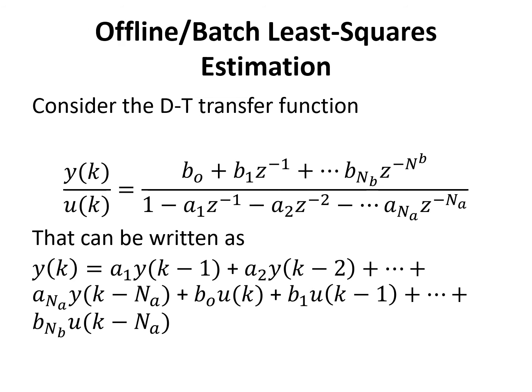Consider the discrete time transfer function Yk over Uk equal to b0 plus b1 z^-1 plus up to bnb z^-nb over 1 minus a1 z^-1 minus a2 z^-2 minus up to ana z^-na. That can be written as Yk equal to these equations. So you can arrange from this equation to this equation.